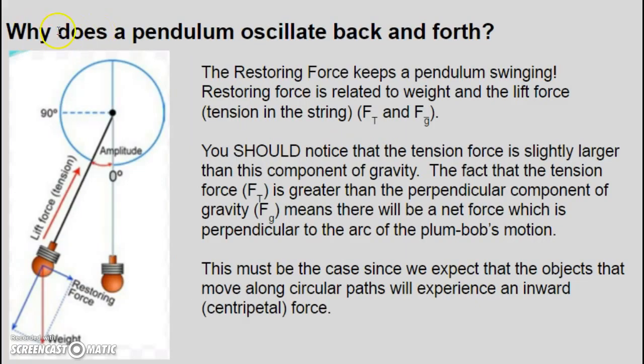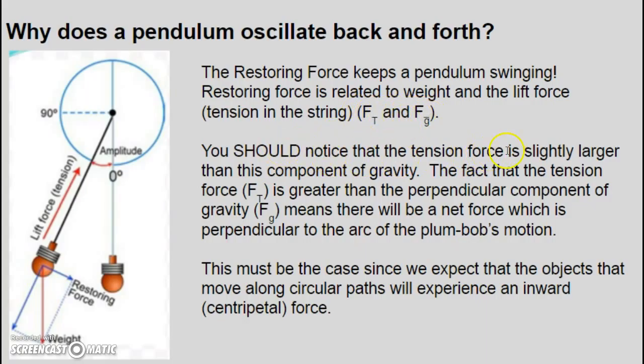So as we go back to pendulums, why does a pendulum oscillate back and forth? Well, if you notice this plumb bob, if it's pulled back here, its weight is always downward, and there's a net force from tension in the string inward. The restoring force keeps the pendulum swinging. Restoring force is related to the weight and the lift force, or the tension in the string. So you've got forces acting of tension and weight.